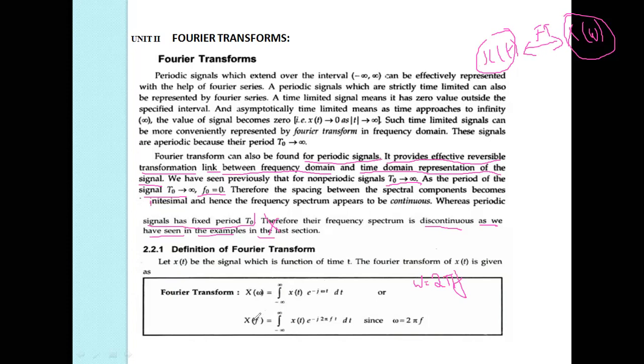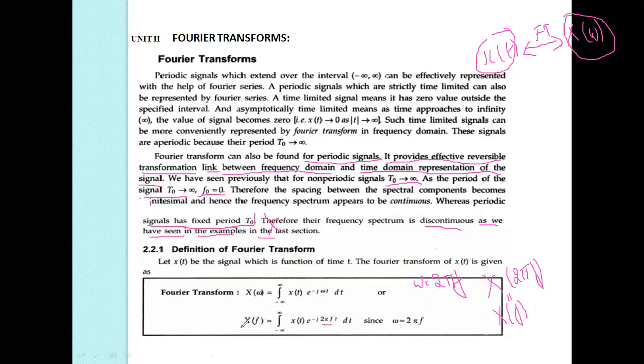Substituting, X of 2 pi f is the integral from minus infinity to infinity of x of t e power minus j 2 pi f t dt. The shortcut notation of X of 2 pi f is X of f only. So both are the same representation.